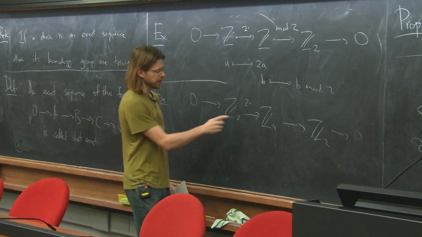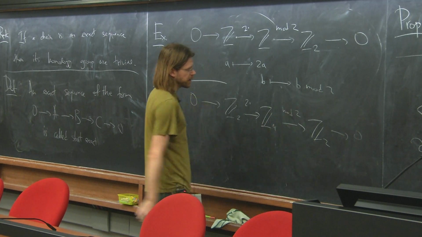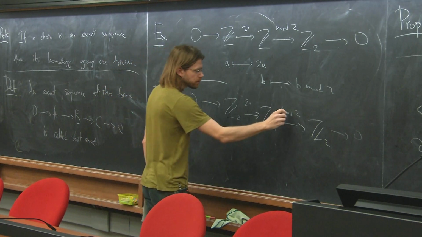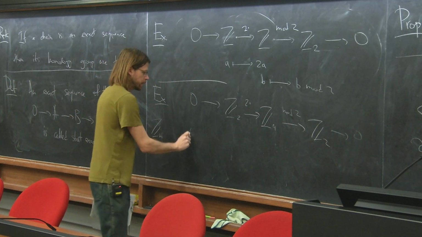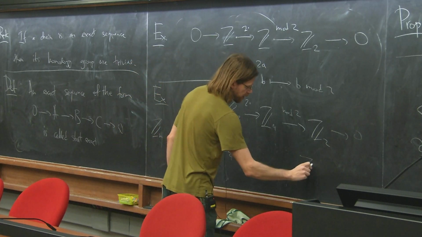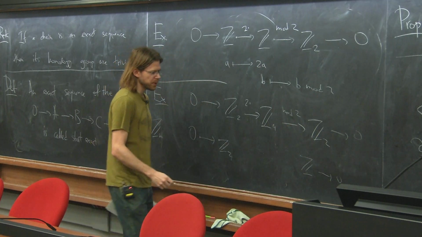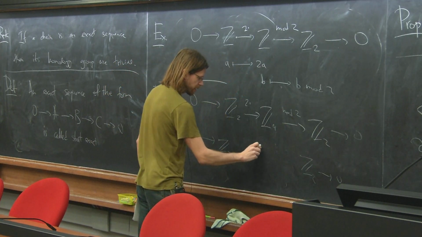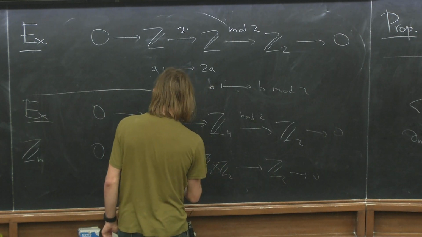The first map is multiplication by 2, and the second map is taking mod 2. The first and third groups can be the same, but the group in the middle can be different.